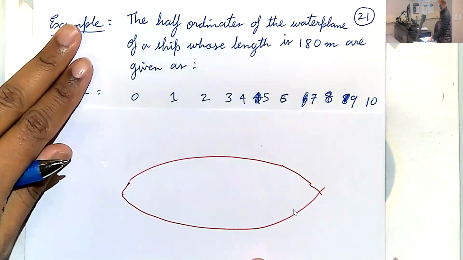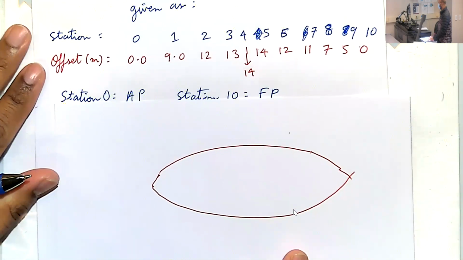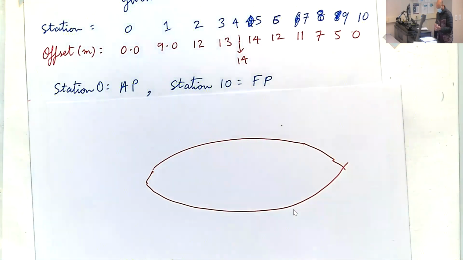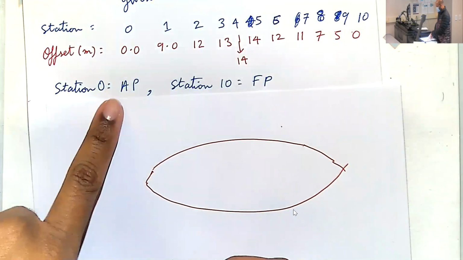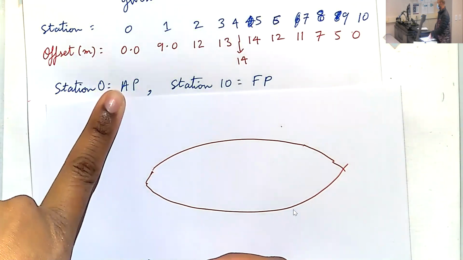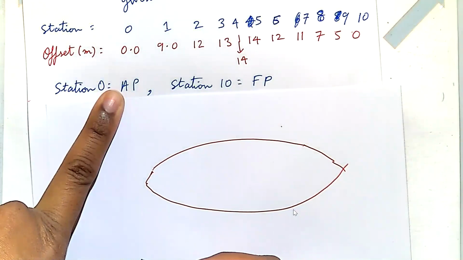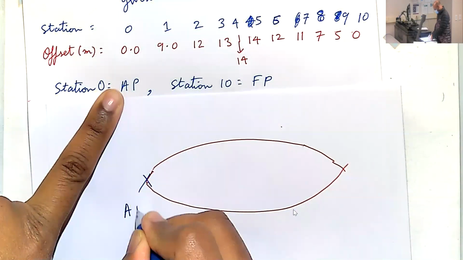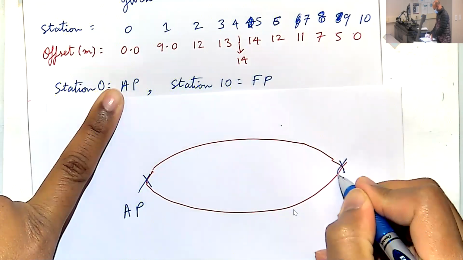Now let's mark AP and FP. Where's AP, where's FP? AP is on the left. Okay, so let's mark that here. And FP is here.